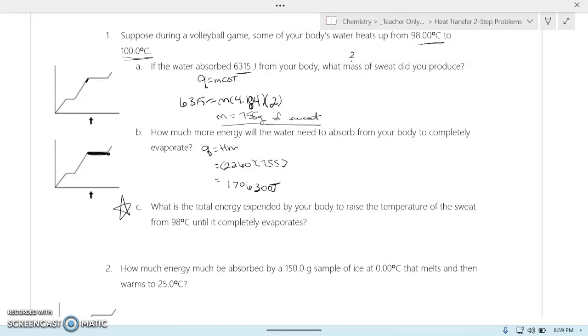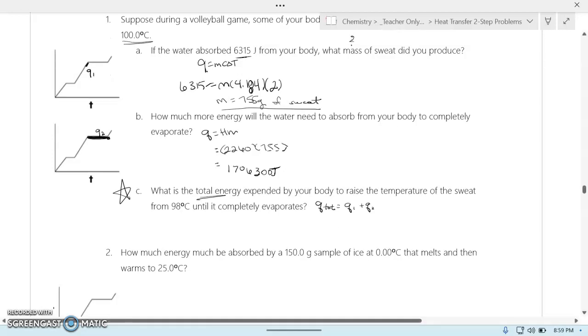So I'm going to call this Q1 and call this Q2. When we're finding a total energy, Q total is the sum of the others that we calculated. If we just add up Q1 and Q2, we'll have the total energy expended by your body to both raise the temperature of the water and then to evaporate it.